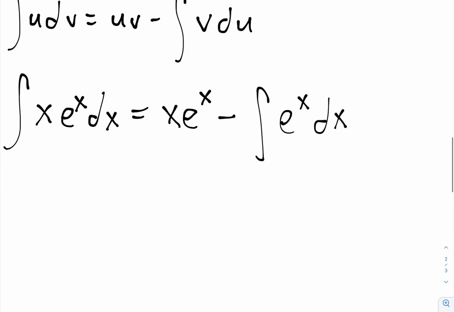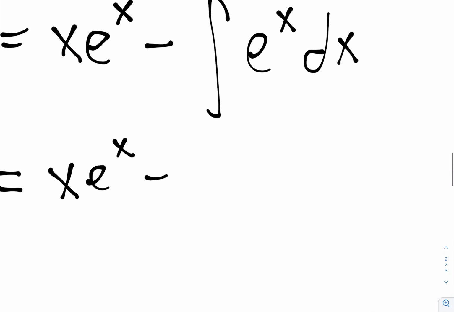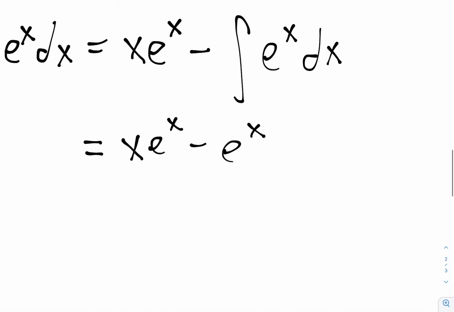Okay, and now this is something that we can integrate. So we started out with this thing on the left here. We ended up with this on the right, which we can in fact integrate. So we're going to get x times e to the x minus the integral of e to the x dx, which is just going to be e to the x. So you could leave it as this, and of course we need our plus c.